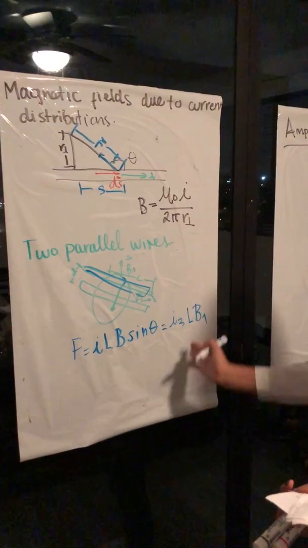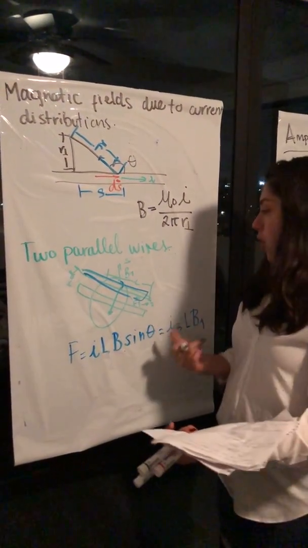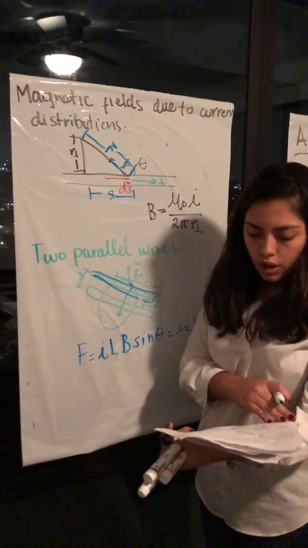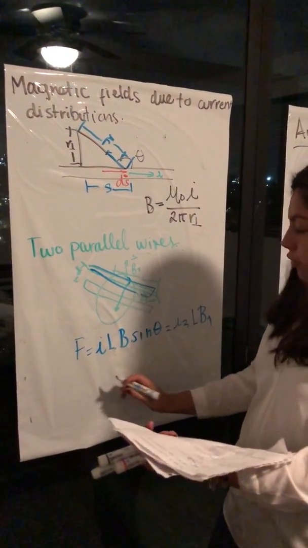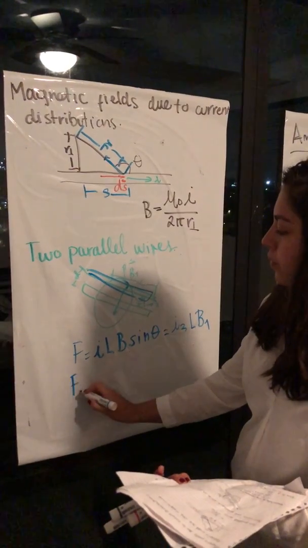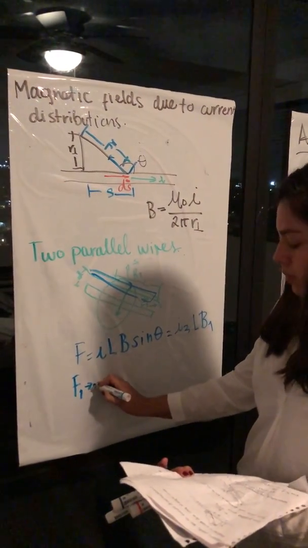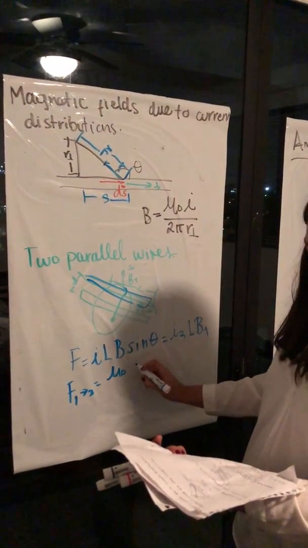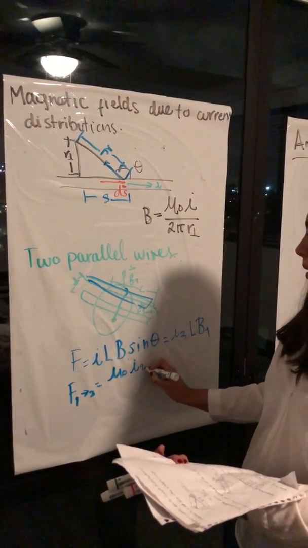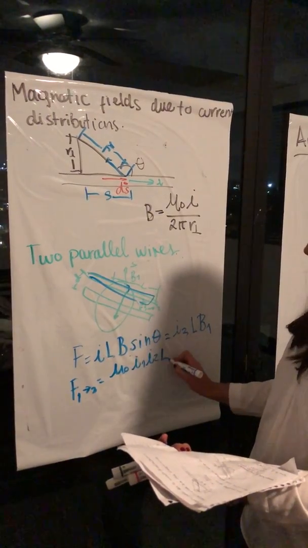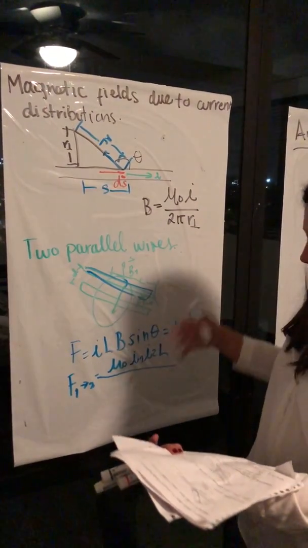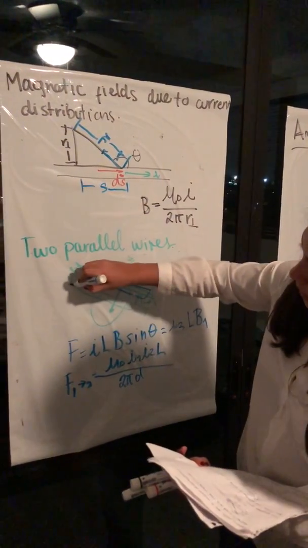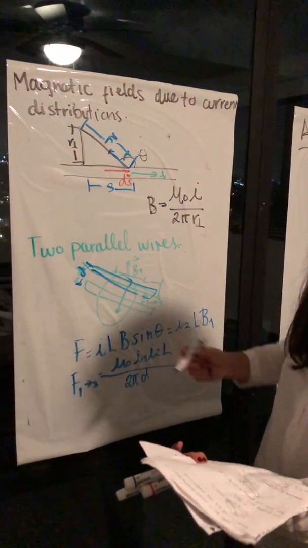Since the magnetic field of wire number 1 and the wire are perpendicular, the force of 1 acting on 2 would be given by the permeability times current 1 times current 2 times the length of the wire over 2 pi times the distance, that would be the one separating the two wires.